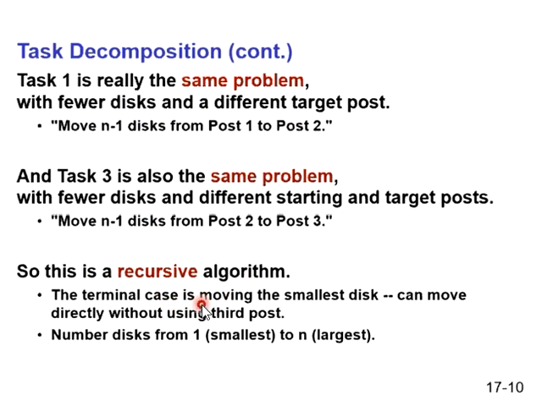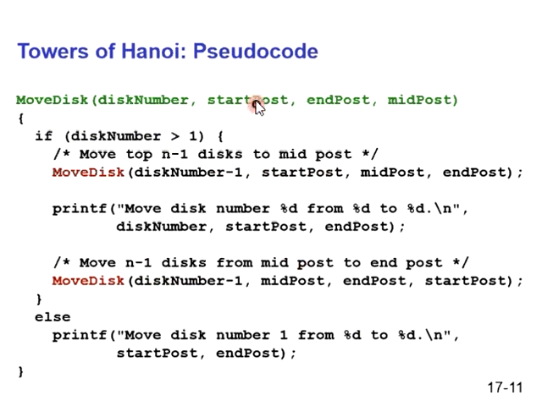And the terminal case is moving the smallest disk. We can move it directly without using the third post. And we should number the disks from 1 for the smallest to n for the largest. And we have the pseudocode for the function move disk. We have to pass the arguments disk number, start post, end post, and mid post.